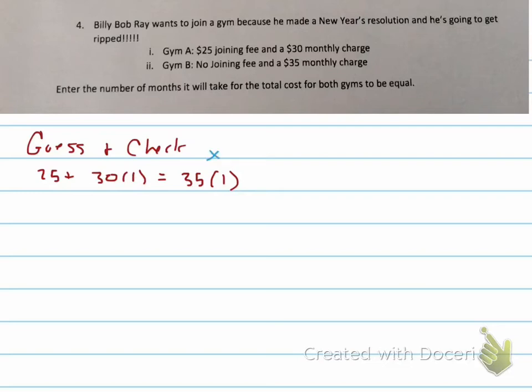Or, the other way to do this is make an equation where x equals, what are we looking for? What is the question? The number of months. Enter the number of months. That's always your variable. Your variable is what you're looking for. So the number of months.